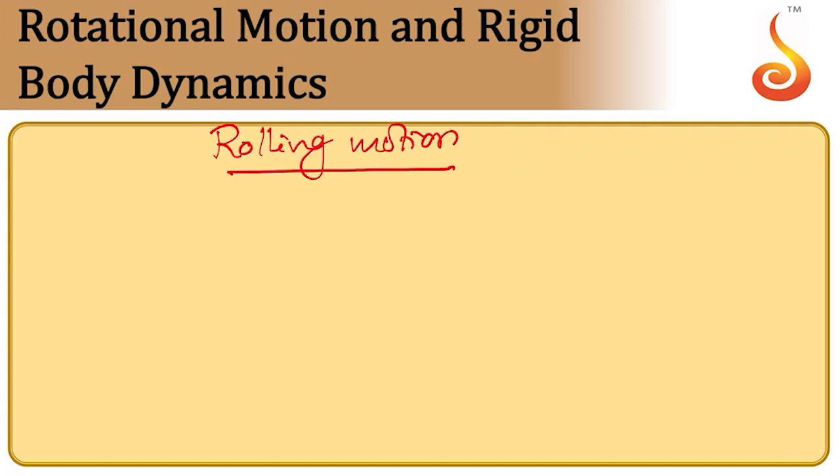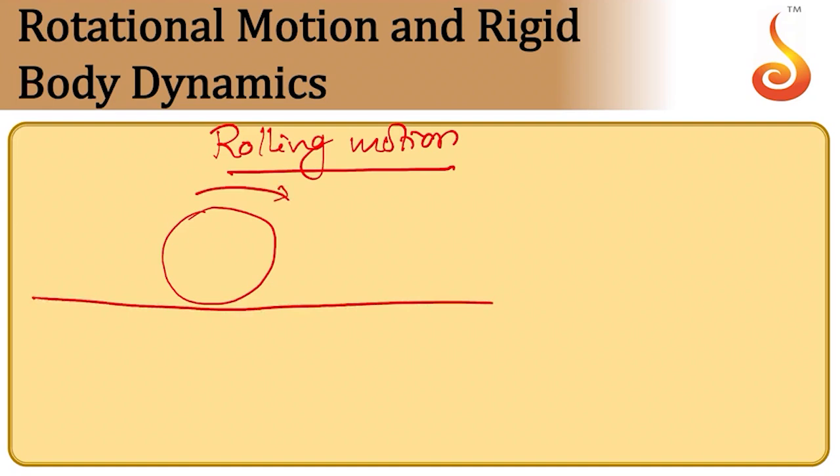Object is said to be rolling if it is moving on a given surface. For example, I will take a simple example, maybe that of a cylinder. Now, if it is spun and released, then it starts moving like this.